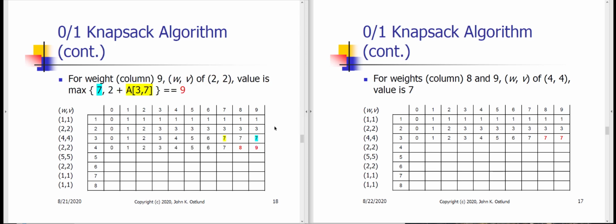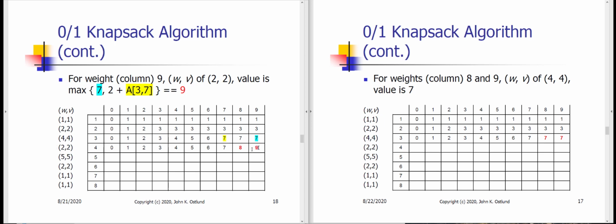And now we're on to the next item that we have, which has a weight of 2 and a value of 2. That all gets copied down. I won't go through the mechanics, but if you walk through all the mechanics, you'll discover that the value of the preceding row is greater than or equal to the value that we can get by using the item whose value is 2.